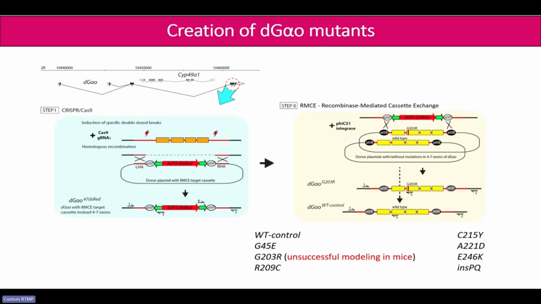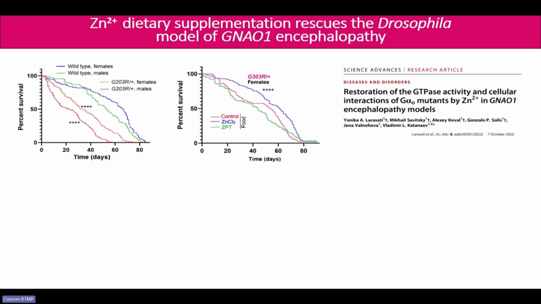This is important, especially for behavioral tests. Here we can see a benefit of Drosophila, because we successfully obtained this mutation, which we couldn't obtain in mice. Now it's the best characterized mutation in our lab.